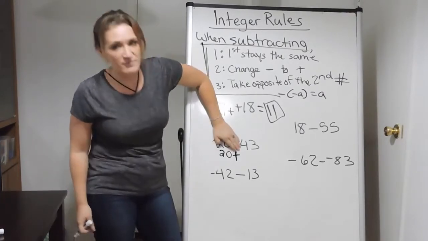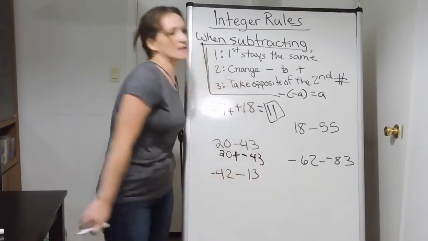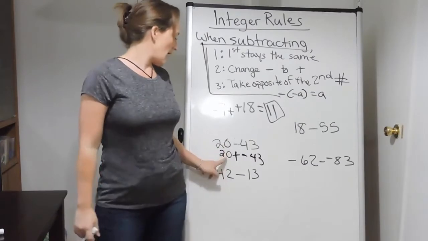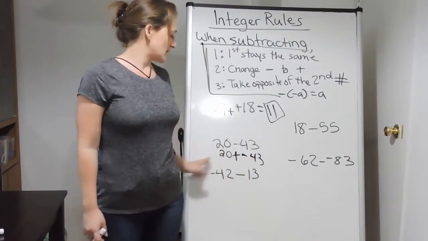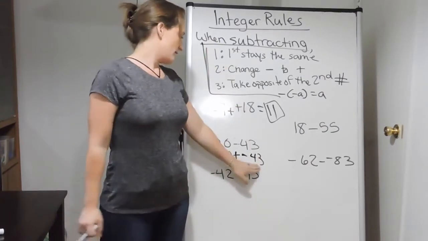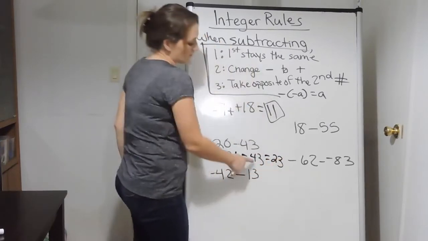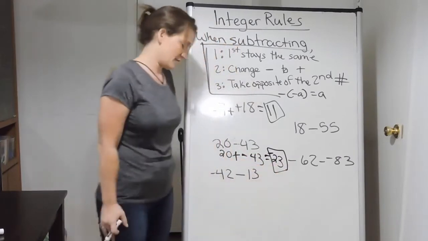If the second number is a 43, then the opposite is negative 43. So opposite just says to change the signs. Right, so here I have 20 plus negative 43 now, which is adding with different signs, which means subtract, take the sign of the bigger. 43 minus 20 is 23. 43 is a bigger number, it's negative, so I'm going to take that negative.